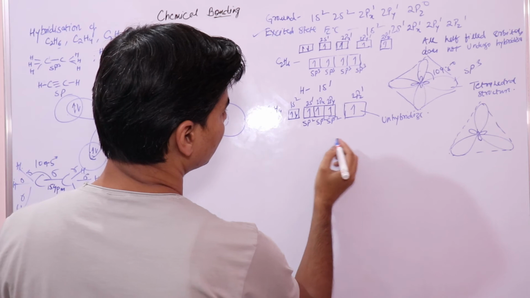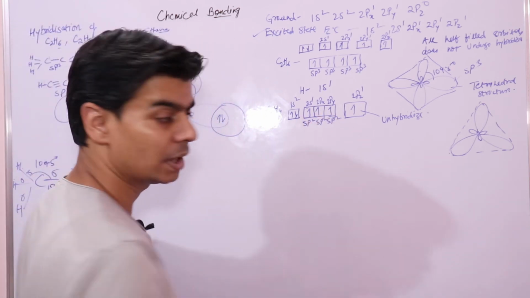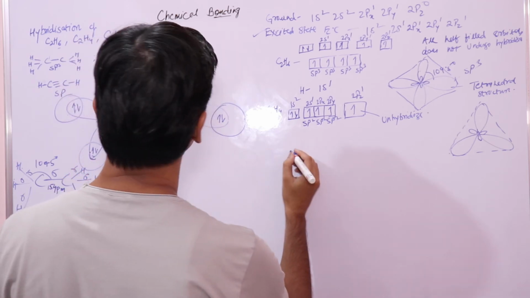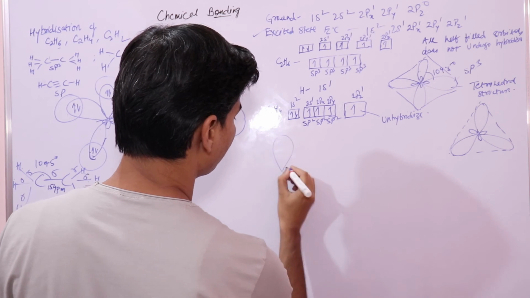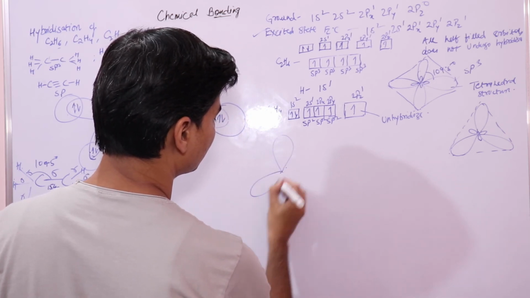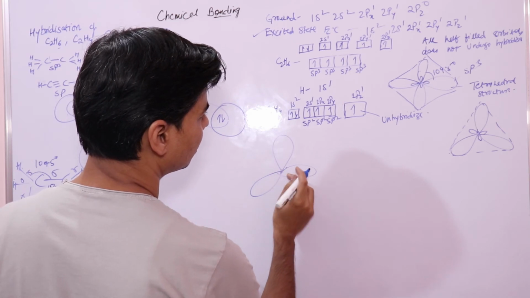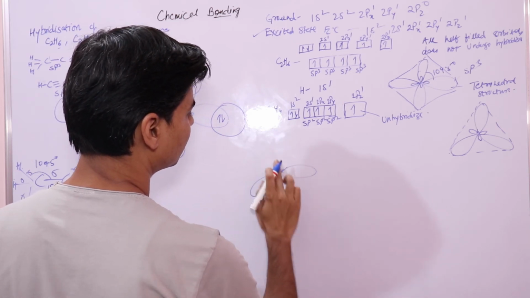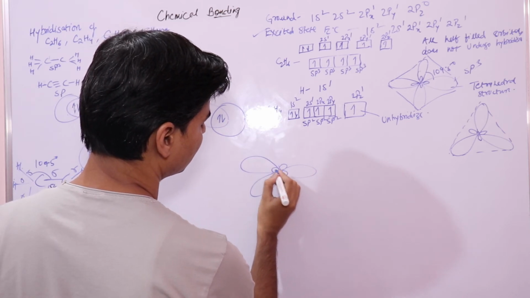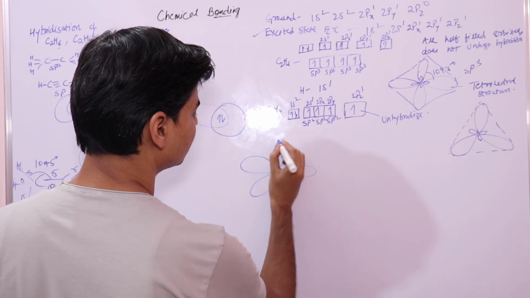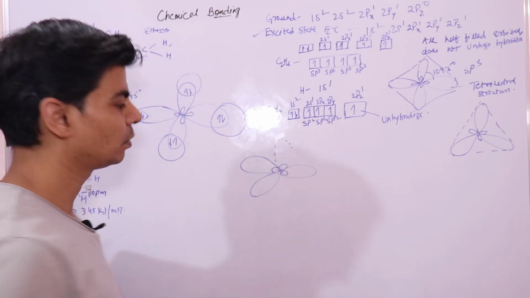So here each of the carbon atoms is sp2 hybridized, so it has 3 sp2 hybrid orbitals, right? So we will be drawing it like this. Right, then carbon atom has one unhybridized orbital also.